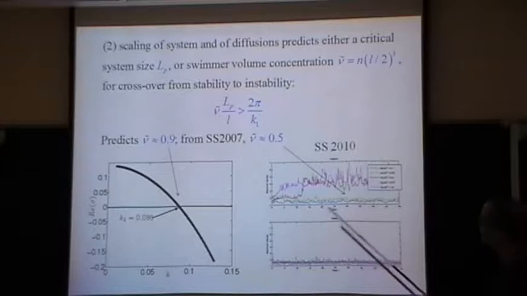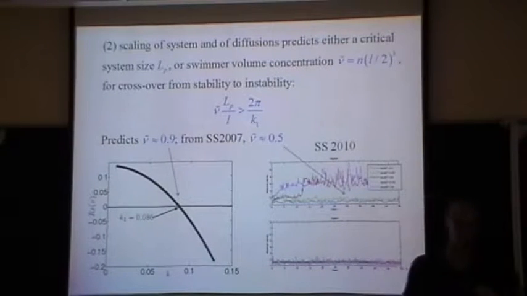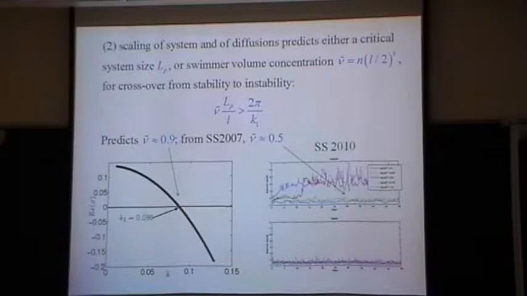But if you go back to our rod simulations and measure the observed diffusion, these rods have a rotational and translational diffusion. Rotational diffusion scales with volume concentration in an approximately linear way until you get up into what's called the semi-dilute regime.